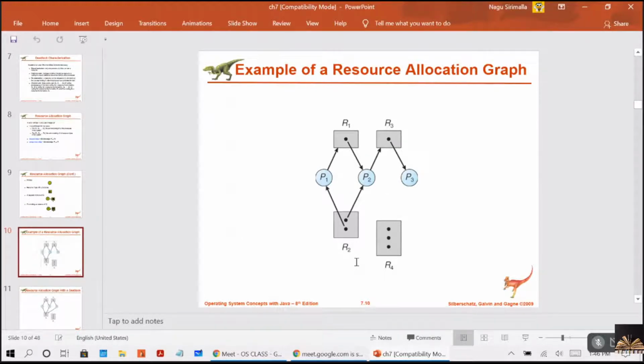Now, here is a simple example of a resource allocation graph. You have 4 resources and 3 processes. P1, P2, P3 are the processes, and R1, R2, R3, R4 are the resources. Looking at the instances, R1 has only one instance, R2 has two instances, R3 has one instance, R4 has three instances.